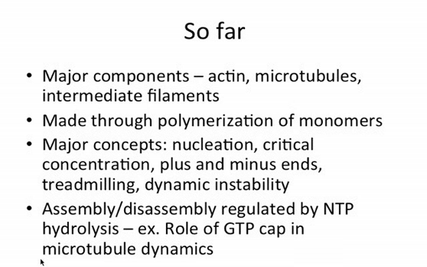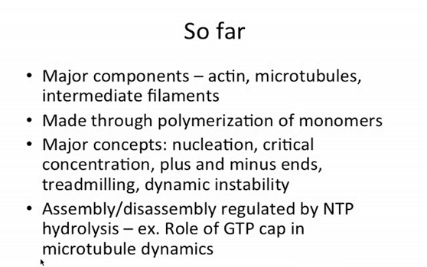The major concepts that we went over that you'll see over and over again, and you better know, and if you don't know them, you'll be lost and you'll be studying for the exam crying into your textbook, are nucleation, critical concentration, plus and minus ends, treadmilling, dynamic instability. We went over all those on Wednesday, because everything we're going to talk about is proteins and how they affect these kind of things. So you need to really understand them.